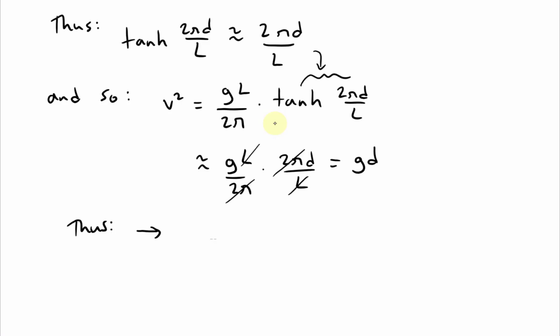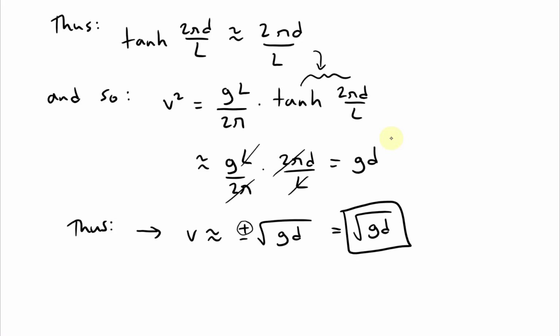So v is approximately equal to, again for completeness, plus or minus the square root of GD. We just take the plus for this practical example, because negative velocity is for a different scenario. So this is what we have over there.